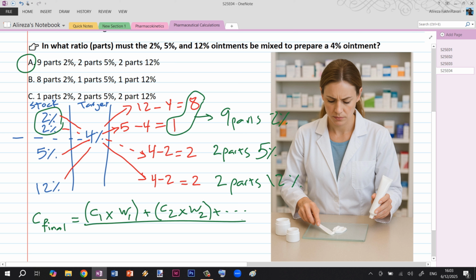In this case we're using 3. Then in your denominator goes all the parts: W1 plus W2 plus so on and so forth.